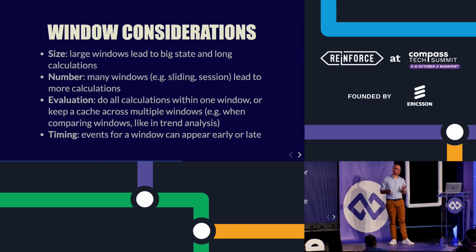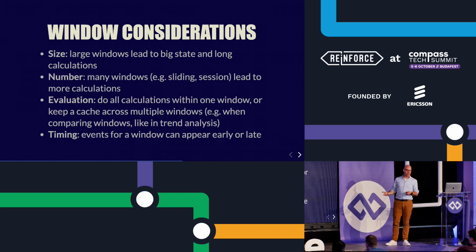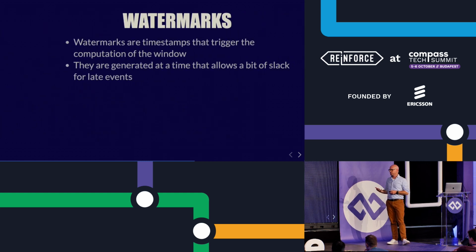That's a bit strange, right? That event should have been evaluated in the window that you have already completed. So that is the important decision point. How much slack do you give your window to perform the calculation? How long do you still allow events to enter your window before you wrap it up and calculate it? Because events that arrive later, you probably just have to ignore them.